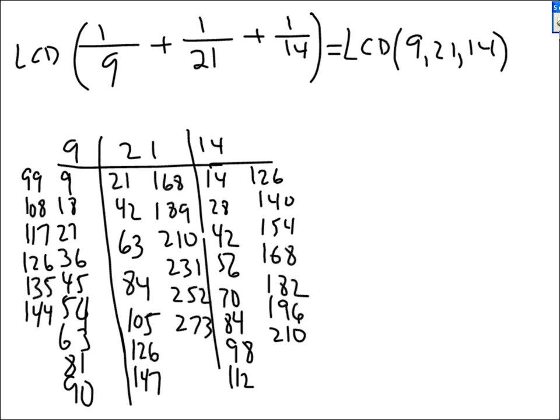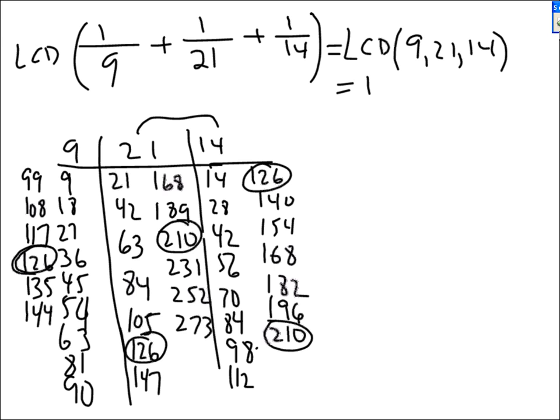Well, 210 was on both lists. Just make sure it was the first one. 84 was on these two, but it wasn't on the 9 times table. 98. 126 should be on all three lists. 126 is on two lists, and it's on the third list. So the answer was 126. That's the answer. The answer is 126.